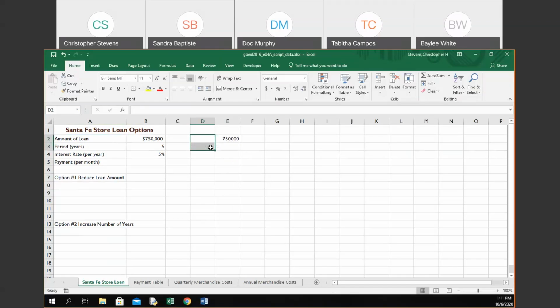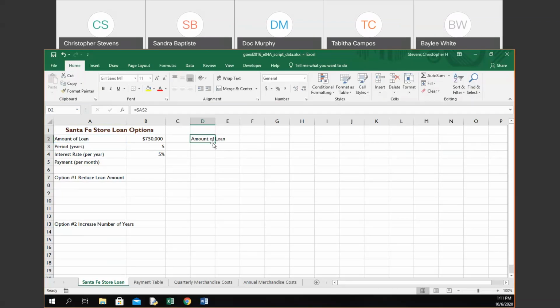Absolute references are more like your standard copy that you would think of. If I say I want A2 and I do an absolute reference, it's going to be exactly A2. And you all have seen the difference between those two is just the use of those dollar signs. The dollar signs are where you get that absolute reference, meaning it's going to look exactly like that no matter what I do.